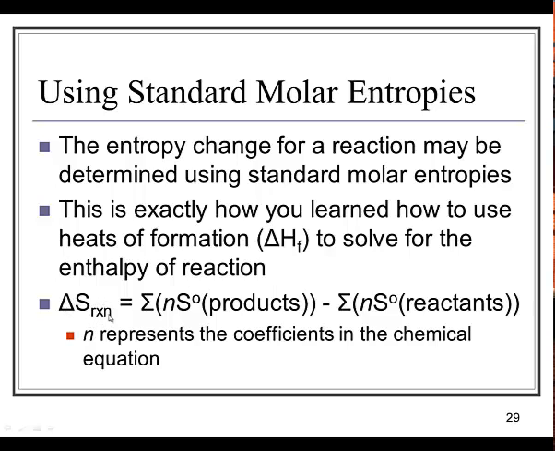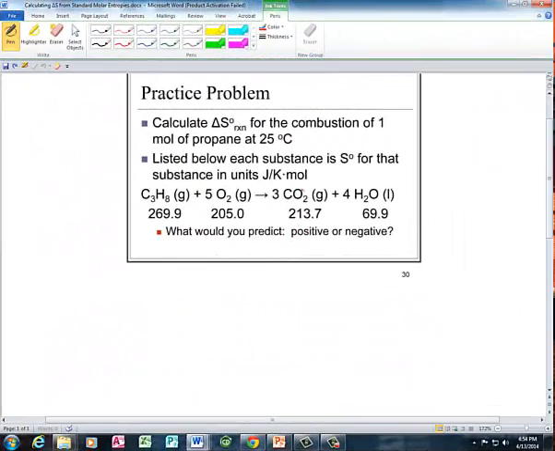The change in entropy for a reaction under standard conditions, there ought to be a little zero up here, is equal to the sum of the product standard molar entropies, and n stands for the coefficients from the balanced chemical reaction, minus the sum of the reactant standard molar entropies. So it's always products minus reactants.